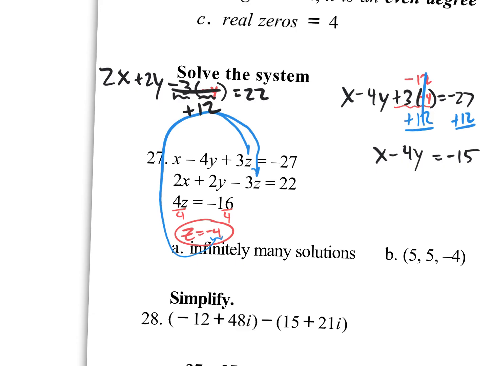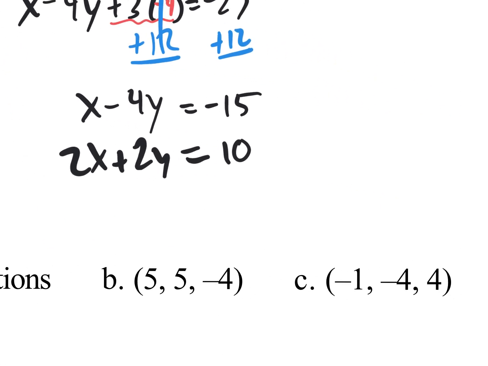And of course, you don't want that plus 12, so you're going to get rid of it by going minus 12. We end up with our new equation number two, 2x plus 2y equaling 10, because 22 take away 12 is 10. So this is our new 2x2 system that we're going to solve.